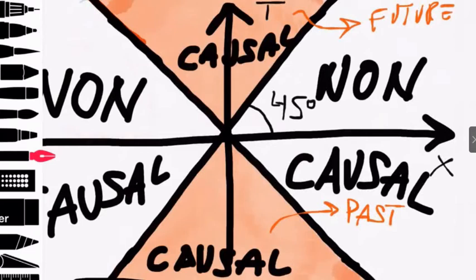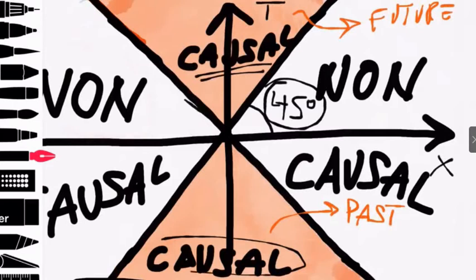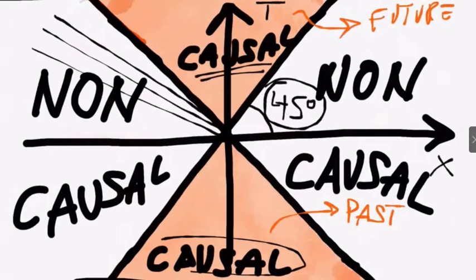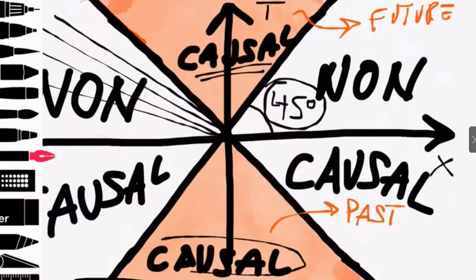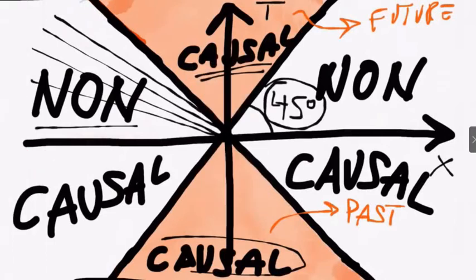If your cones have a slope of at most 45 degrees, then you are causal, in the future or in the past. If your cones have a slope larger than 45 degrees, like this, or this, or this, then you are non-causal. You cannot exist. Whatever you are talking about does not make sense in our universe.